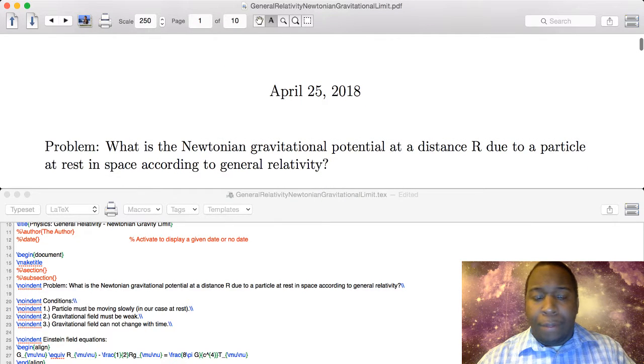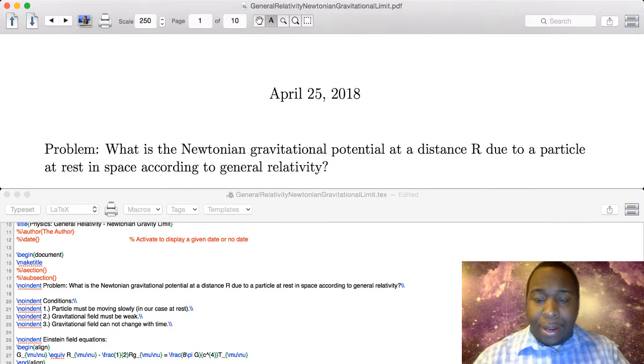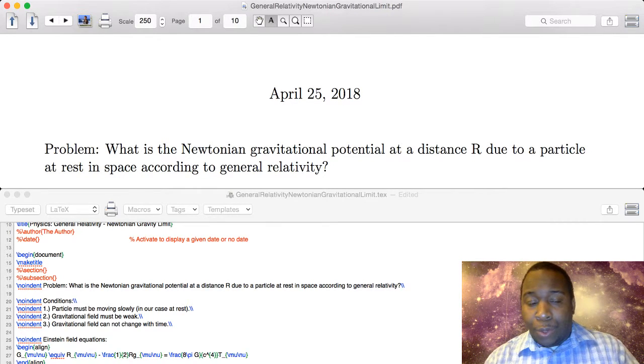The problem we set up was: what is the Newtonian gravitational potential at a distance r due to a particle at rest in space according to general relativity?